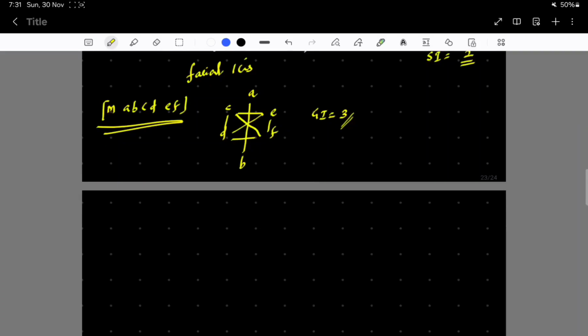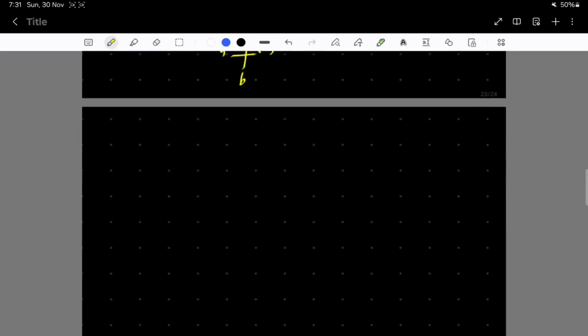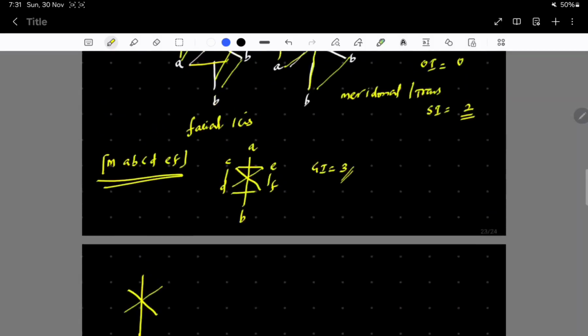Now, next, look. The remaining combinations I will write for this particular complex. You can write the A2B, already we finished. Now you can write C2D and you can write C2E and C2F. And one more combination you can write, so D2E and D2F you can write.